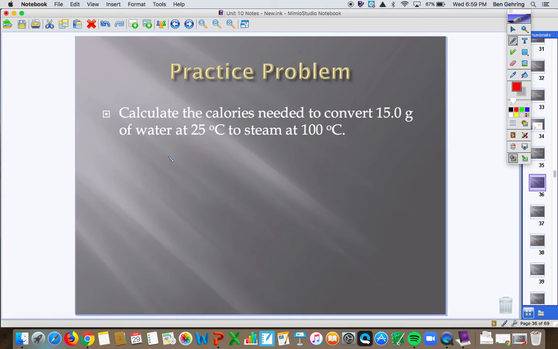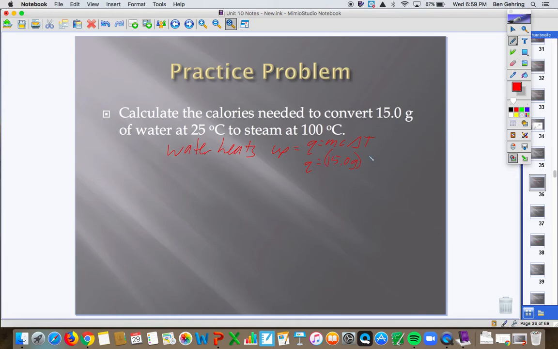So I need my water to heat up. We're going to have two calculations here. Water heats up. I'm going to use my Q equals MC delta T. I know that Q is what I'm looking for. So M is 15.0 grams.